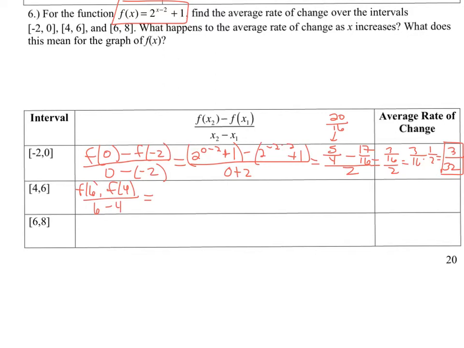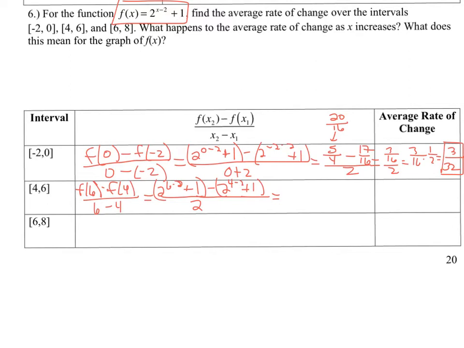So f of 6 means 2 to the 6 minus 2 plus 1. Gotta figure out what that is and subtract from it f of 4, which is 2 to the 4 minus 2 plus 1. 6 minus 4 is 2.